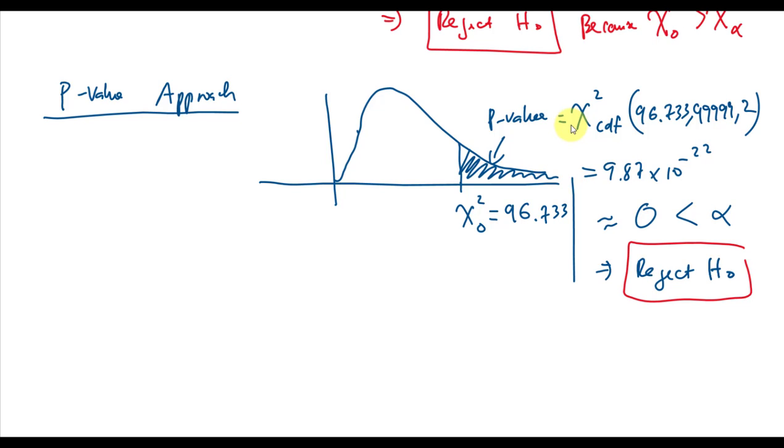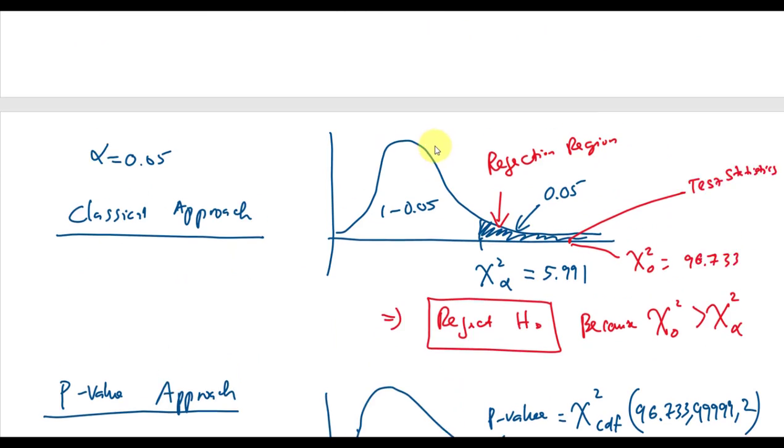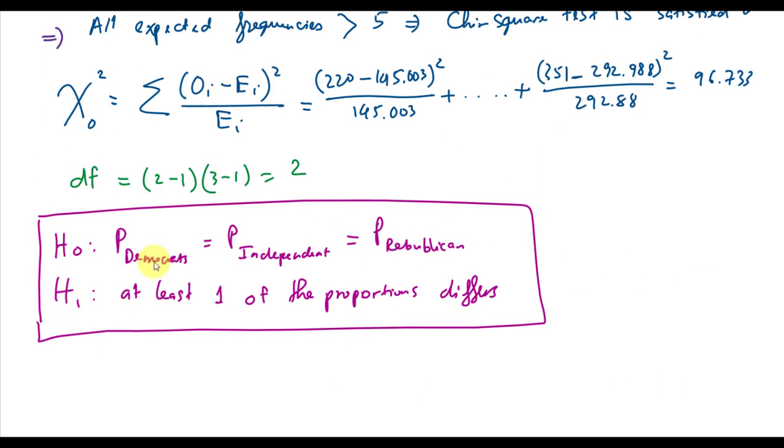Okay, so if we reject the null hypothesis, that means this one right here, I just reject that. That means I have sufficient evidence to say that at least one of the populations differs. Or you can make the conclusion that a different proportion of the individuals within each political party react positively to the word socialism.